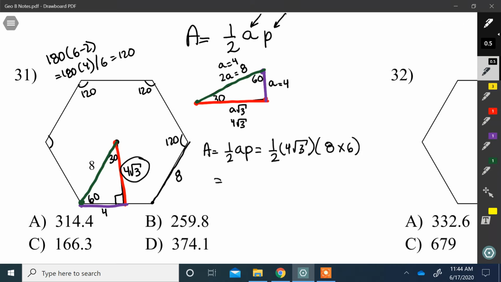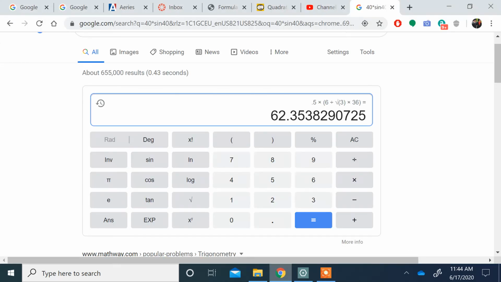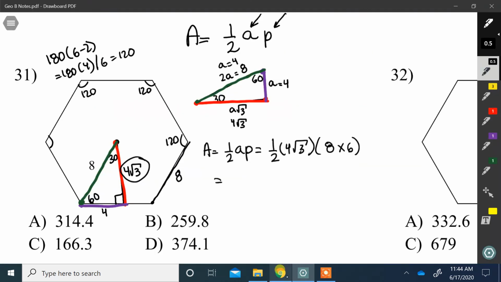Let me plug all that into the calculator. So it's going to be 0.5 times 4 times the square root of 3, times 8 times 6.